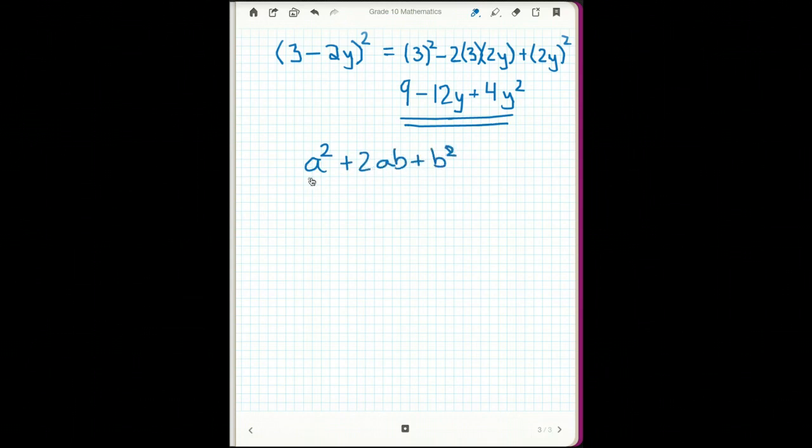A is just holding the place for whatever A is going to be, and A could be a single number or it could be a bunch of things. Here it's just a single 3, but B is 2y. So in my pattern, I have A equal to 3 and B equal to 2y. And it's good practice to be able to plug in the whole 2y for this variable in the pattern.